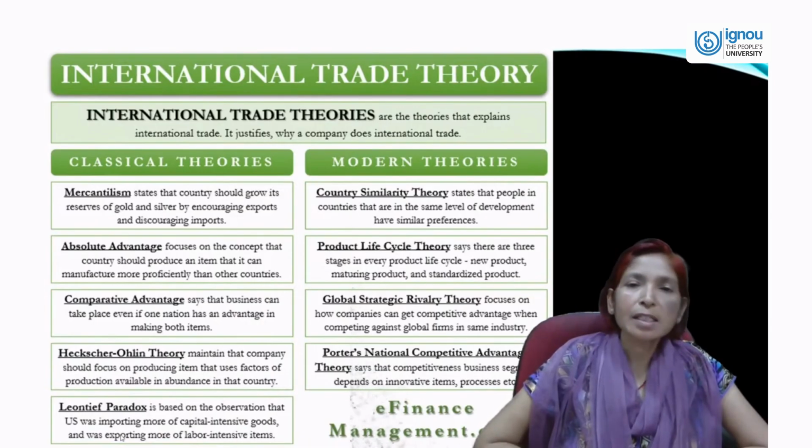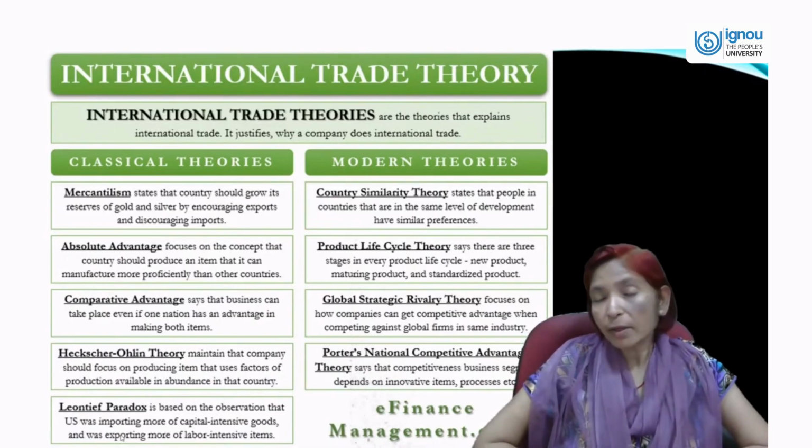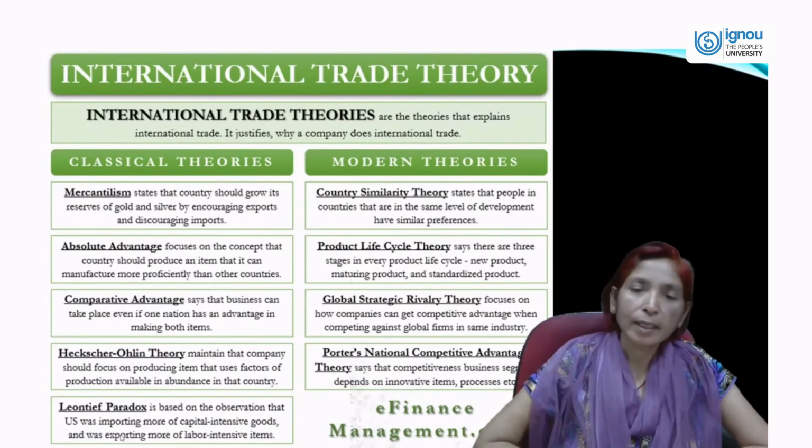In other words, if one country is able to produce one product in more quantity than another, then that country will produce more, and by exporting that product, it can import the product which is available in less quantity. So absolute advantage focuses on producing any product which it can manufacture more proficiently than other countries.